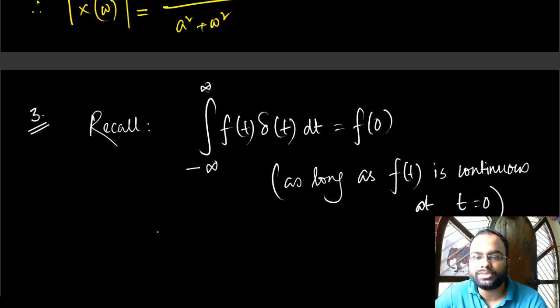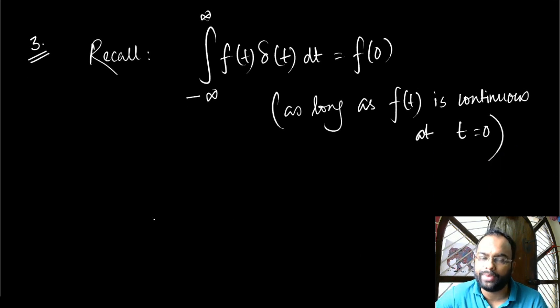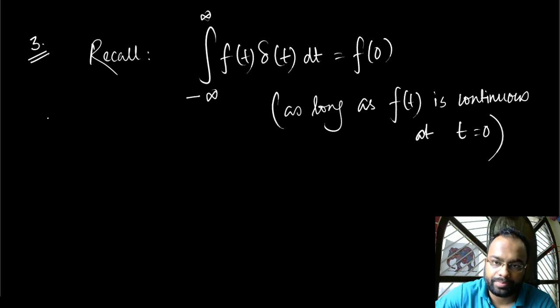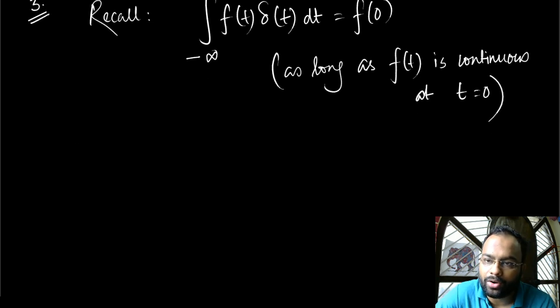So with that said, this was one of the most important properties that we actually proved in one of our earlier physical classes, right? So recall that. We have to keep that in mind. With that said, we are now calculating the Fourier transform of x(t) is delta t.